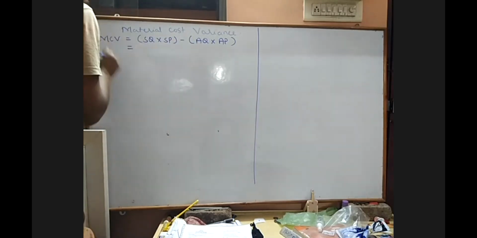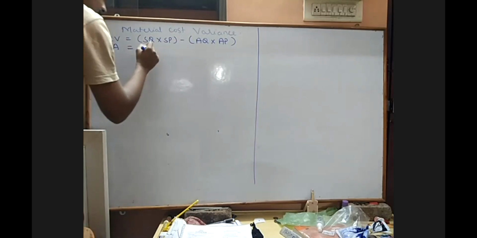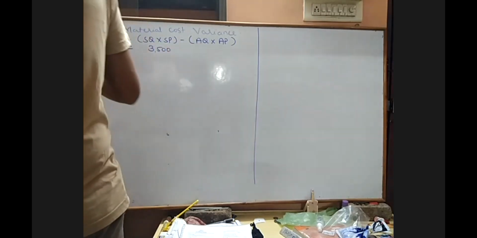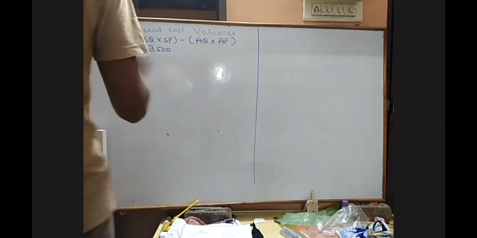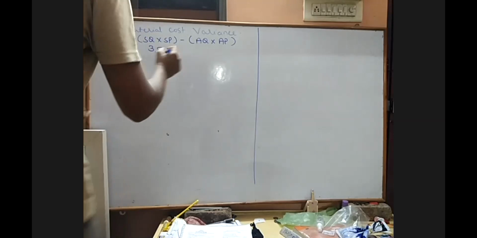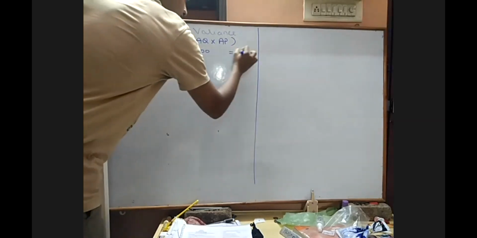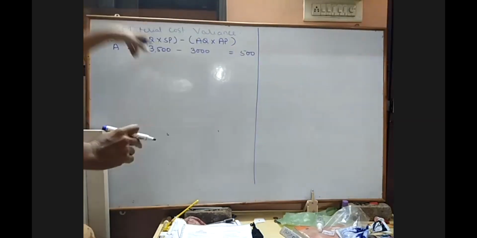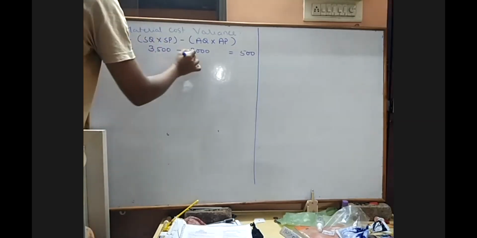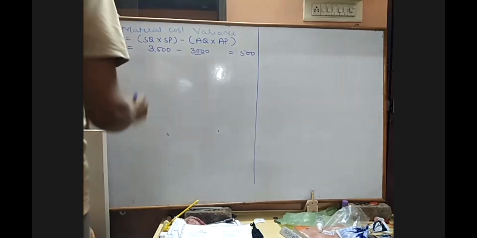So for A, it is 3,500 minus 3,000, which will be equal to 500. And this is a favorable variance because here the actual is within the standard.